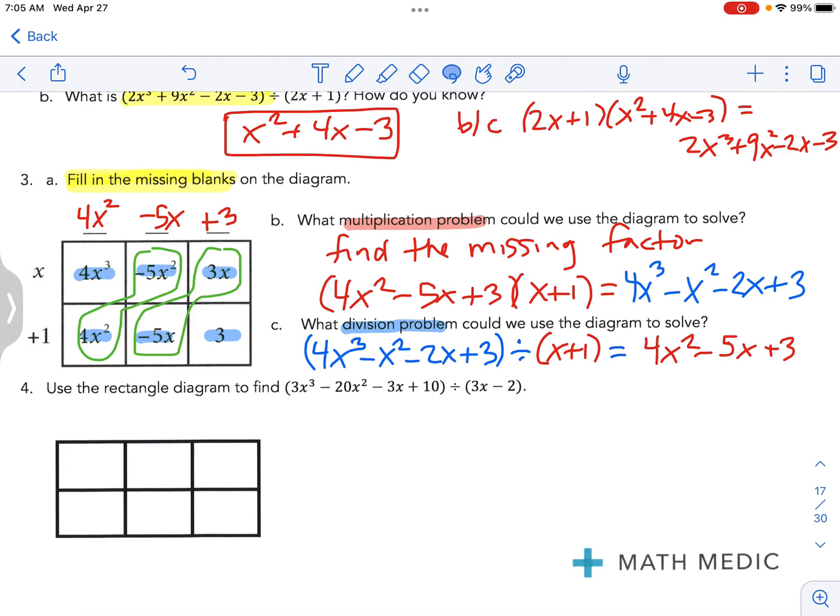This is interesting because this is our product, which means it goes inside. And this is a factor, which means it goes outside.